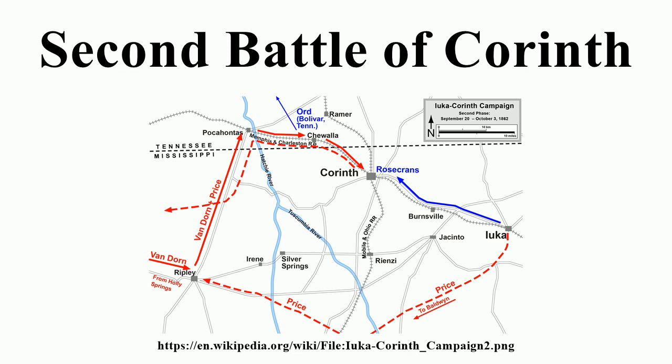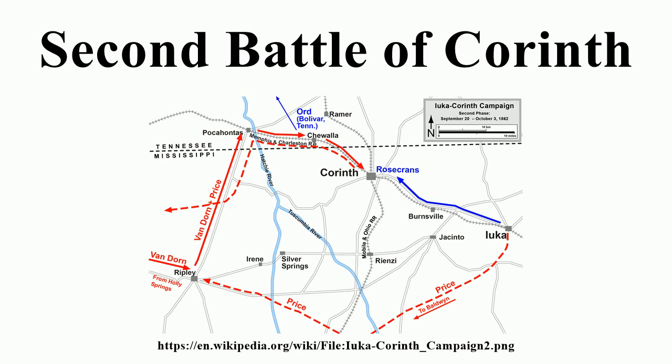Despite the warning from Grant, Rosecrans was not convinced that Corinth was necessarily the target of Van Dorn's advance. He believed that the Confederate commander would not be foolhardy enough to attack the fortified town and might well instead choose to strike the Mobile and Ohio Railroad and maneuver the Federals out of their position.